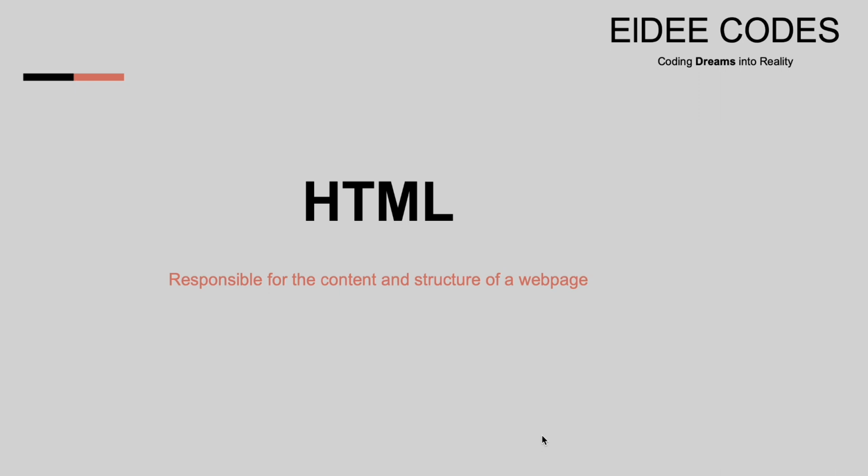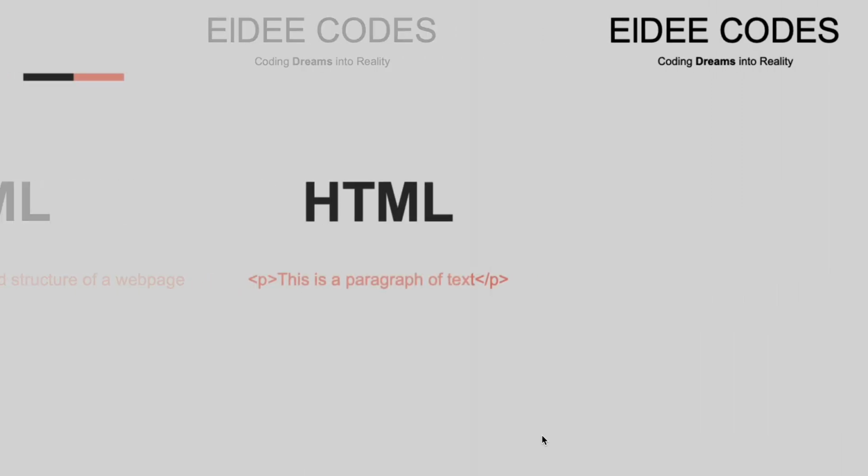Content simply means all the text, images, video you see on the web page. HTML is also responsible for the structure of a web page. Example, when you see a paragraph of text, what comes next after the paragraph of text? As you can see here on the screen, this is a p tag, the paragraph of text.